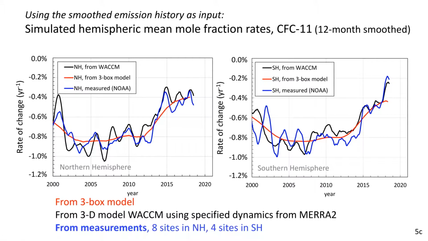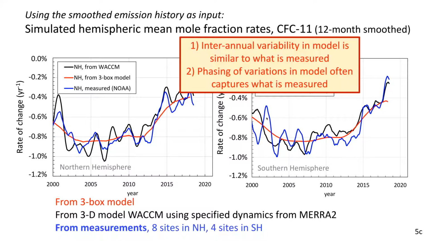Now, the fairly good consistency observed here since 2014 or so isn't observed for all years. For example, we have some hints of similar phasings here in the model and the measurements, but of different size, and maybe even anti-correlations here. So although the interannual variability in the model is of similar magnitude, the phasing sometimes is capturing what is measured and sometimes isn't.